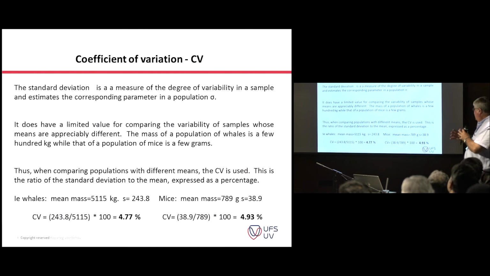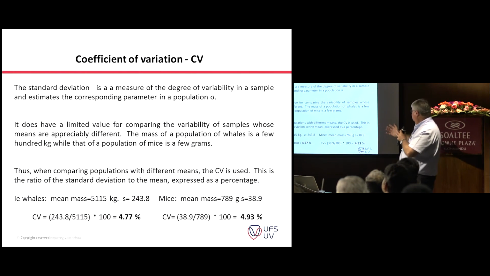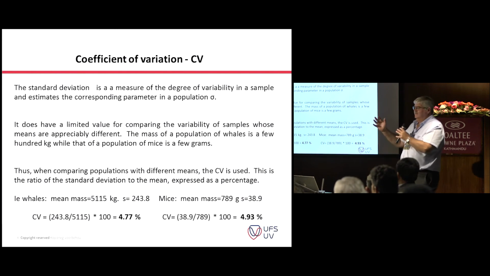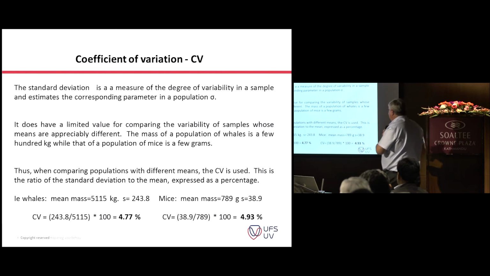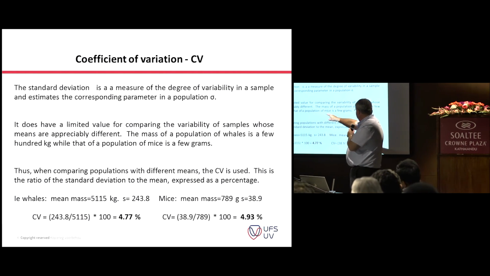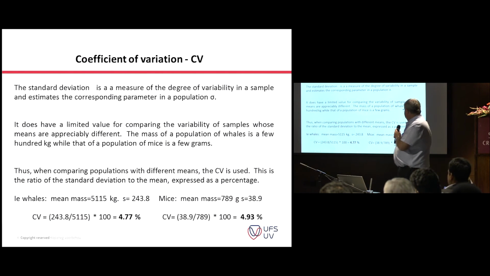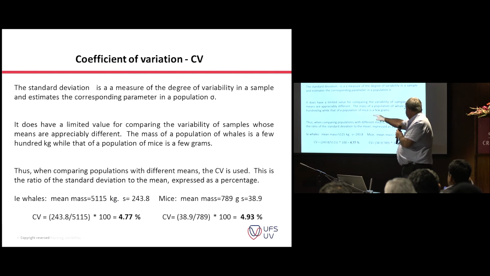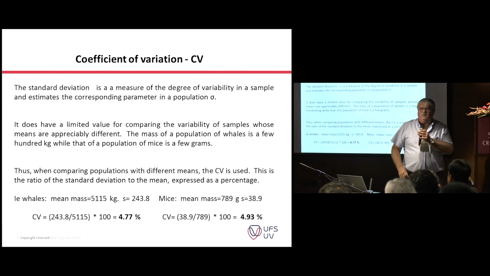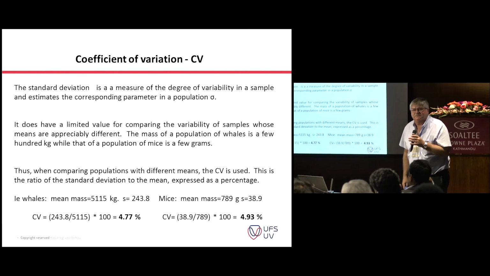So in other words, the mass of a whale is about 5 tons with about 250 odd kilograms on either side of that. I go and measure the mean mass of mice, and the mean mass is 789 grams, and the standard deviation is 38.9. Now it will look like the mice have a lot less standard deviation than the whales.